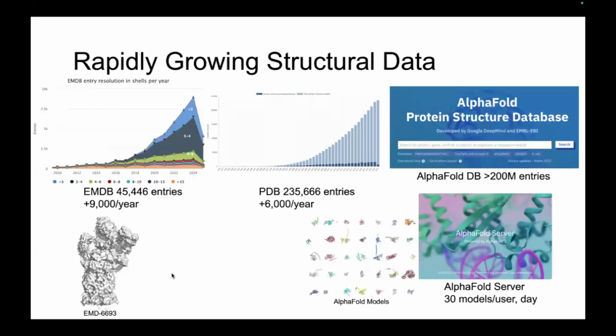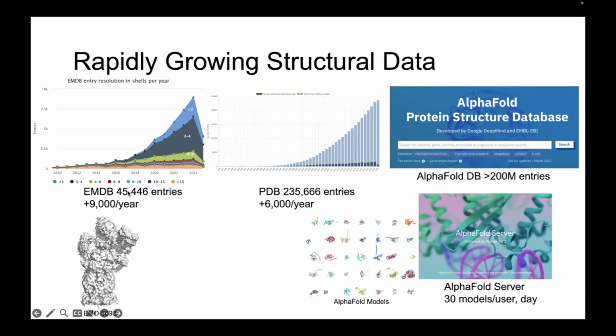Before starting the algorithm part, I want to describe the background of this development. As we know, the amount of data is rapidly growing. For example, in cryo-EM, last year there were about 9,000 new map entries.